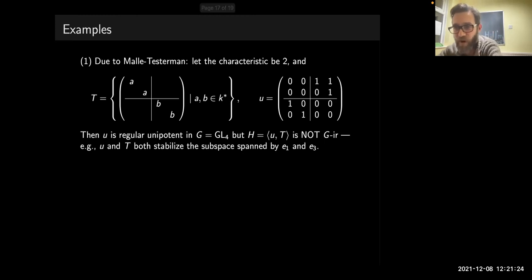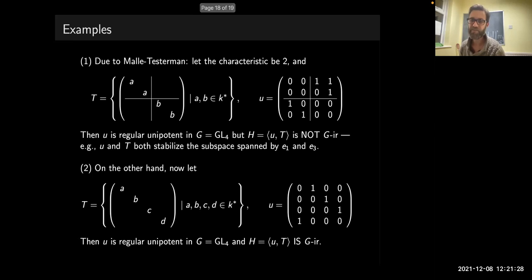But the condition is not that H0 should not be a torus, because there are also examples where H0 is a torus and the thing is irreducible. So you just have to accept that you're not going to get the most general thing you can. In the second example, we've got another torus, again in GL4, in characteristic 2.